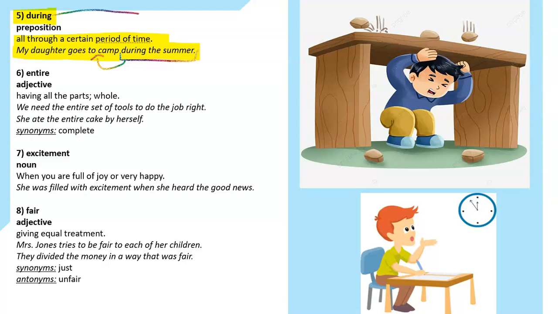So this word during is used to talk about the time. In this picture here, maybe we can say during an earthquake, you should hide under a table. Or during class, you should study or you should work hard during class.